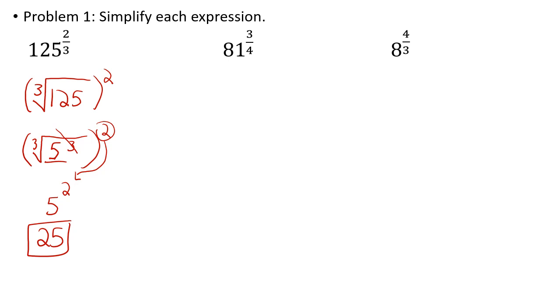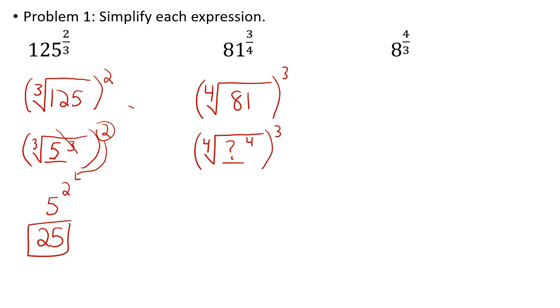Next problem, 81 to the 3 over 4. Once again, rewrite it as a radical. The index is 4. You have 81. Your exponent is a 3. Once again, we need to have an exponent be the same as the index. So we have to find some number to the fourth power that gives us 81.